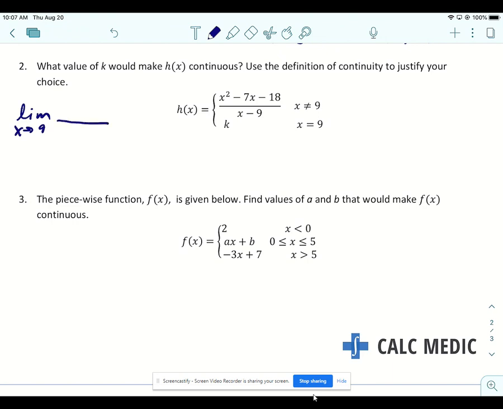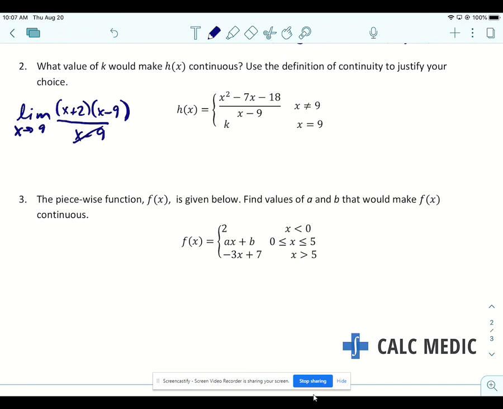And because that is a rational function, I'm just going to go ahead and factor. Right.